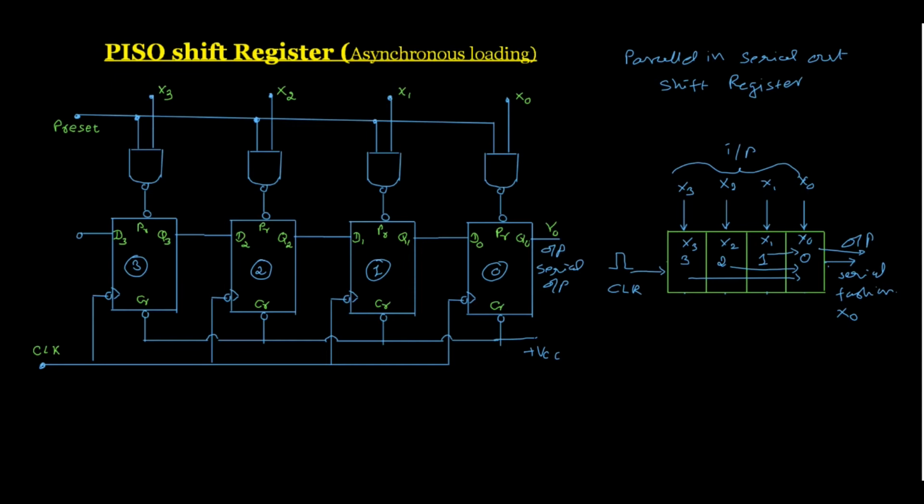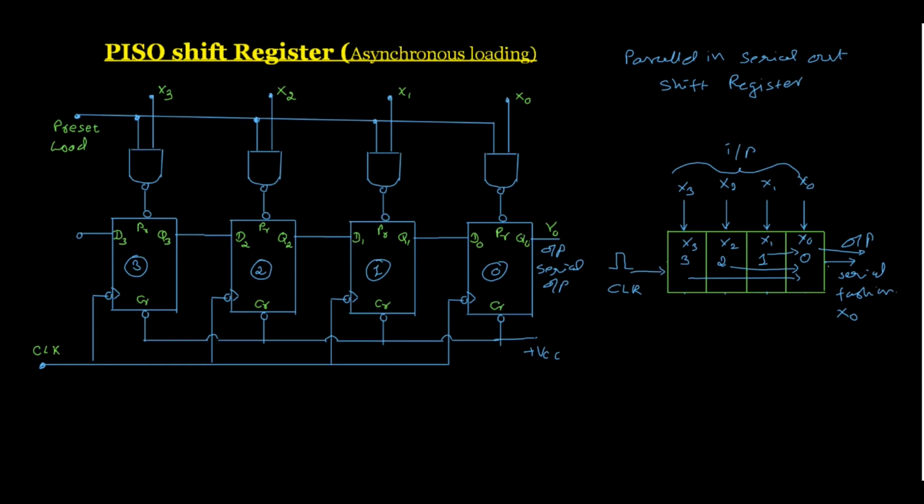One of the inputs to these NAND gates is commonly connected, and it is known as the preset input, or you can say it is a load input, through which we can load the data. And the other input to these NAND gates is where we apply our 4-bit binary data.